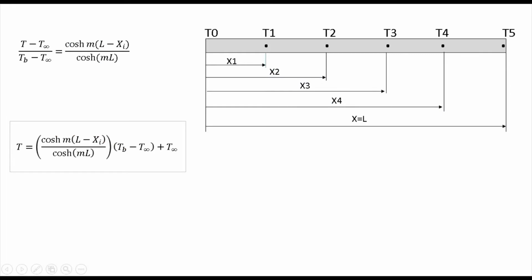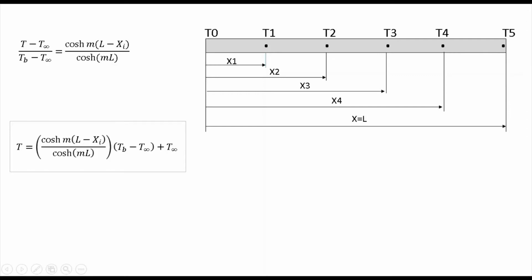So to do this, graphically it looks like this. The initial temperature for this one is actually 400 degrees C, T2, T3, T4, T5. So x1, x2, x3 up to x equals L. That is the distance equals the length of the rod.